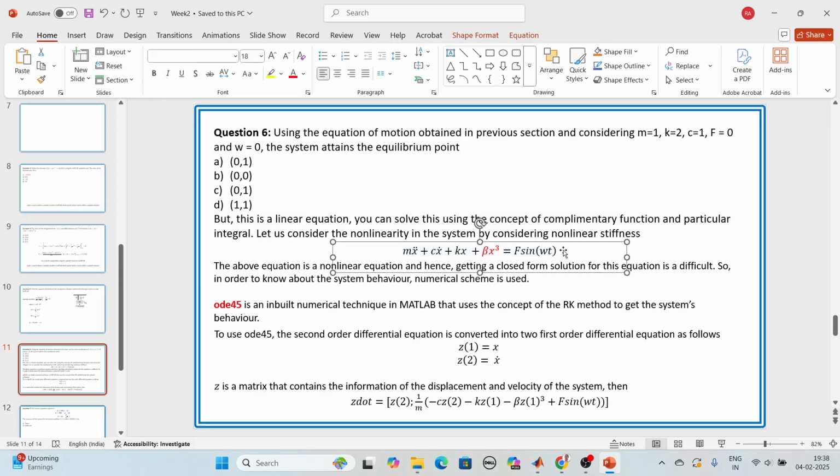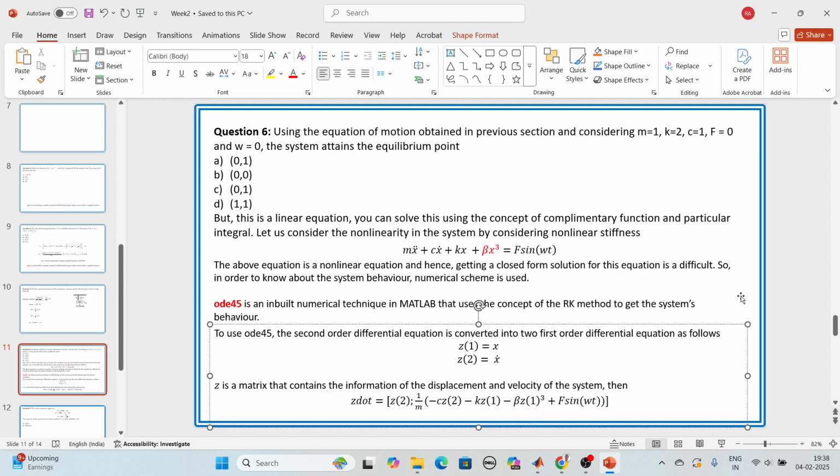If I bring everything to the right hand side, I can find an equation of x double dot in terms of x and x dot. Here z1 is nothing but x and z2 is nothing but x dot. So I wrote my acceleration as a function of z2 and z1. Now I've successfully converted my second order differential equation into two first order differential equations, which are coupled, and I'm going to solve this coupled system to get the solution.